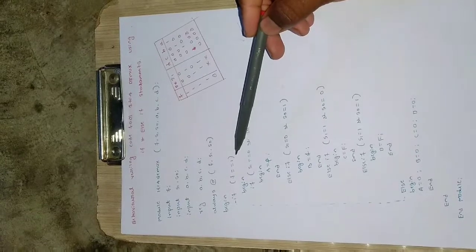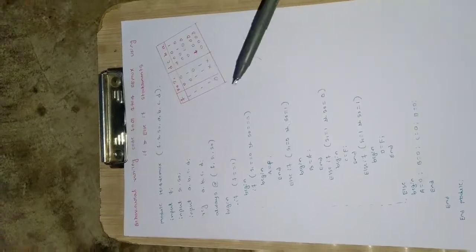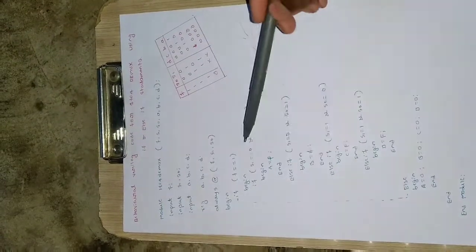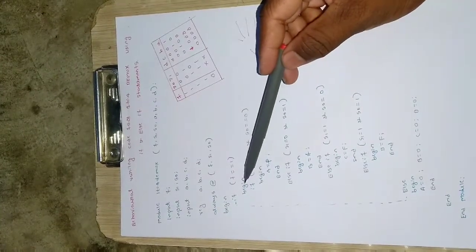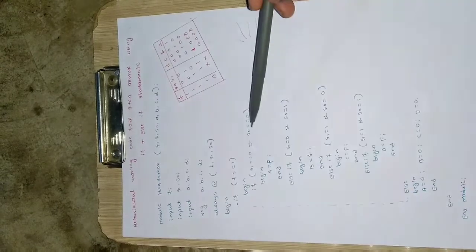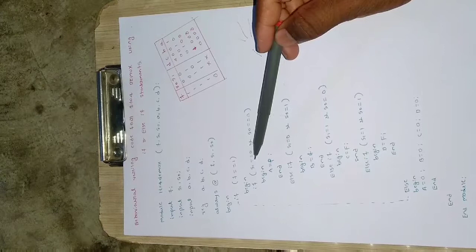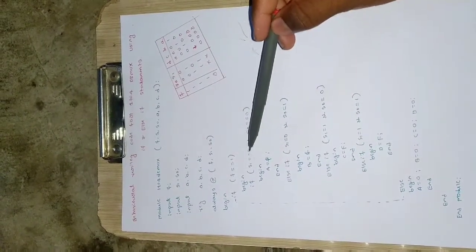If f is equal to 1, that means if the input is high or the input is present, at that time execute these, or else go to this. So if f is equal to 1, then begin. For this we will be having a begin. Then if s1 is equal to 0 and s0 is equal to 0, make sure that you are writing double equal to here, so then only this value will be assigned, otherwise it will be just compared.